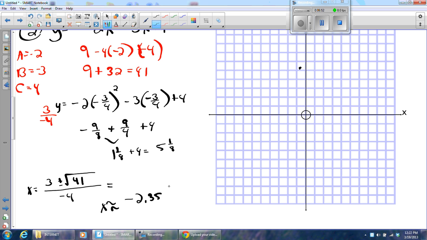And I'm going to get about 0.85. So let's see, negative 2 and a third, somewhere around there, and then 0.85 is going to be 85% of the way, getting pretty close. And it doesn't look quite right.